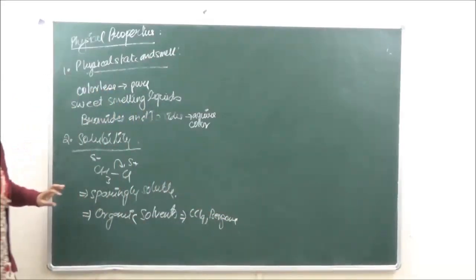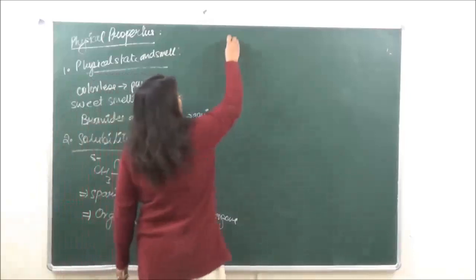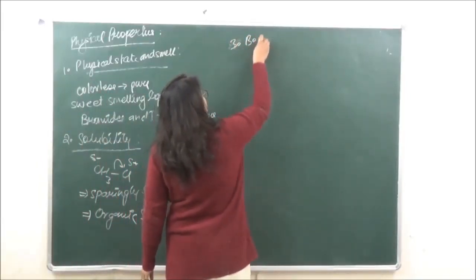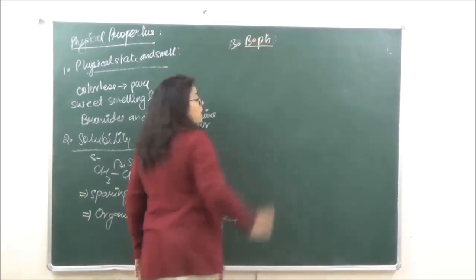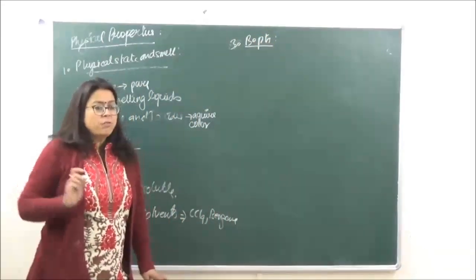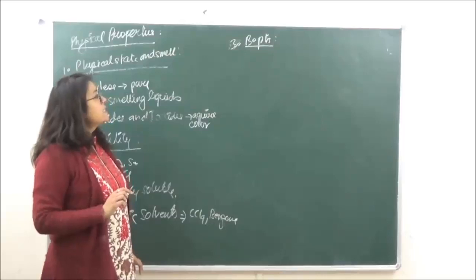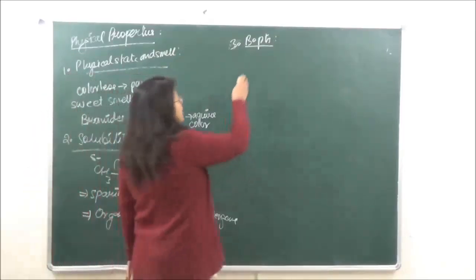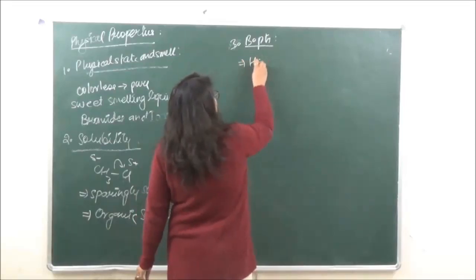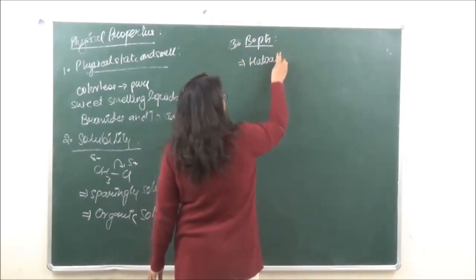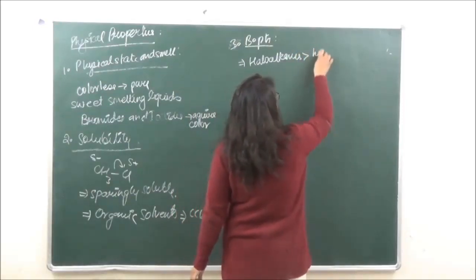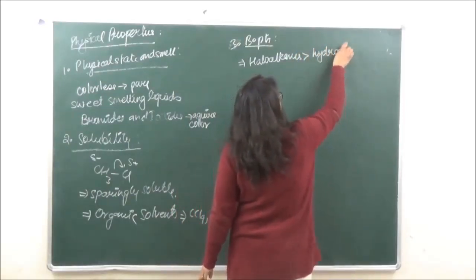Then number 3, we go on to boiling points. It is seen that the boiling points of haloalkanes are going to be larger than the parent hydrocarbons.